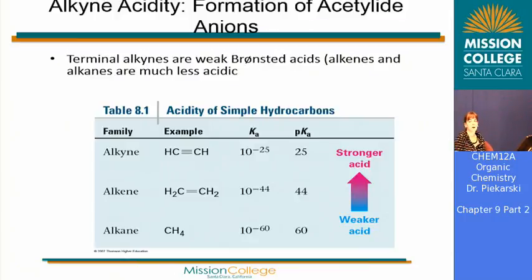Now I wanted to move on to talk about alkyne acidity and the formation of the acetylide anion. Terminal alkynes are actually weak Bronsted acids. And if we look at the pKa data, remember the smaller the pKa, the stronger the acid.